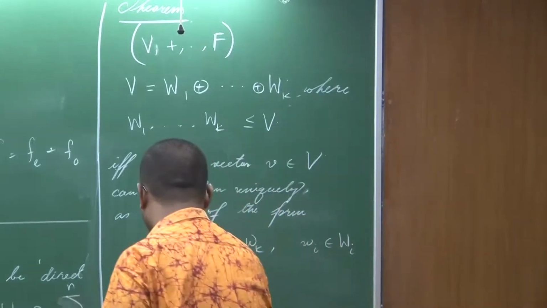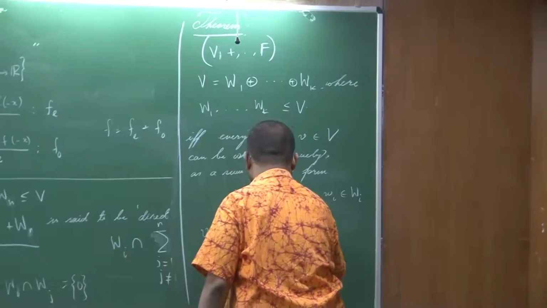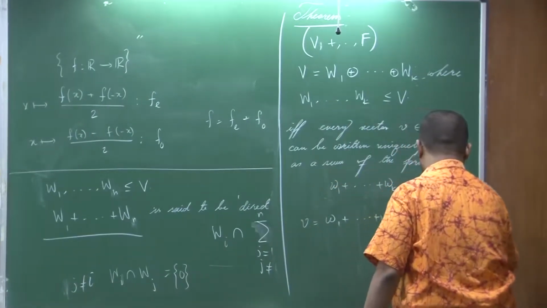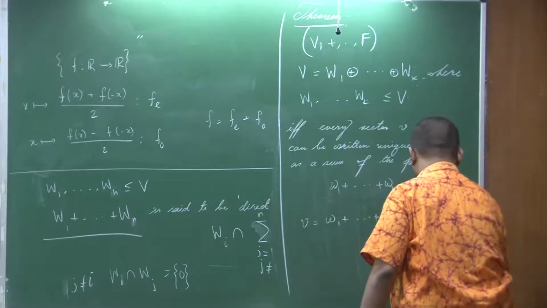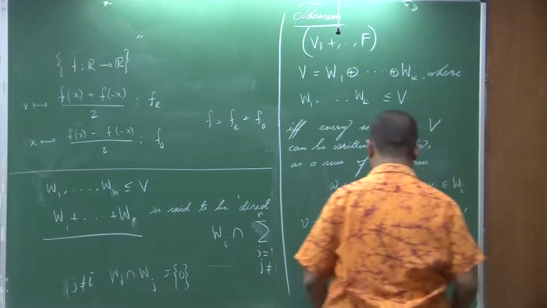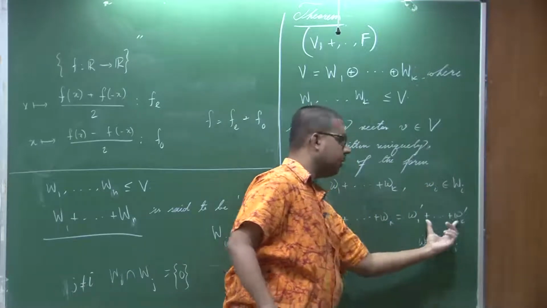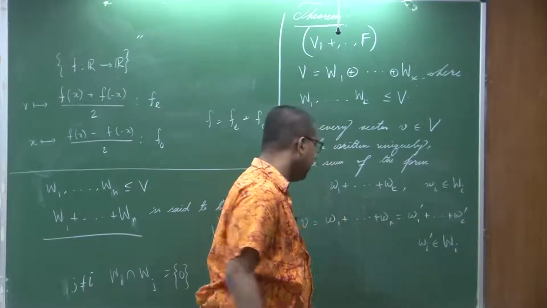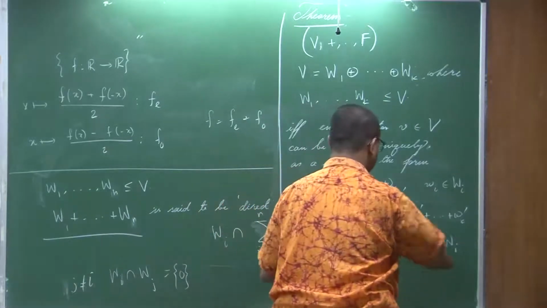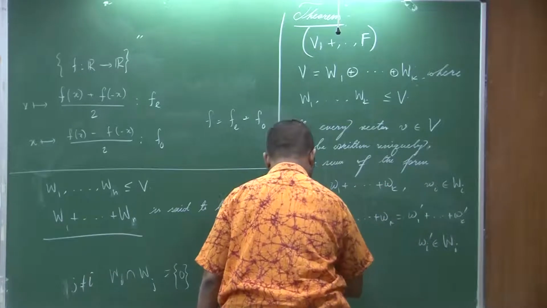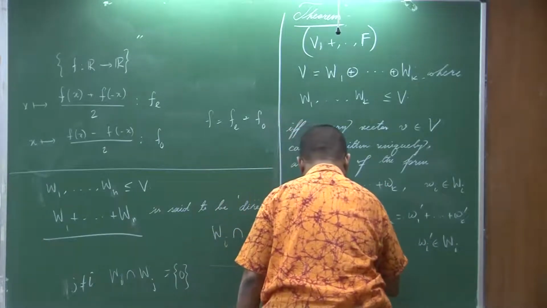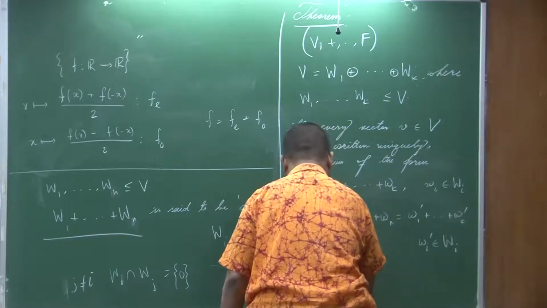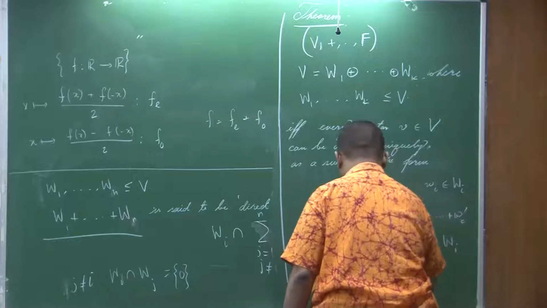If v admits another decomposition, where each wi prime is also in Wi, then we bring everything to one side: the sum of wi minus wi prime, i from 1 up to k, is 0.